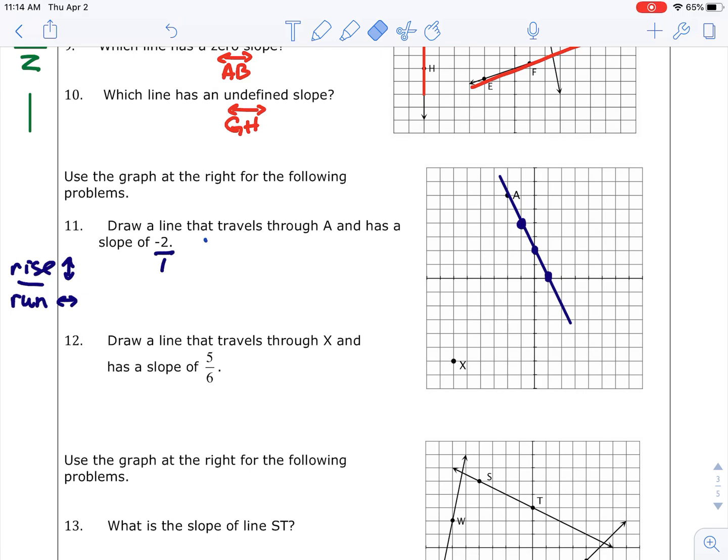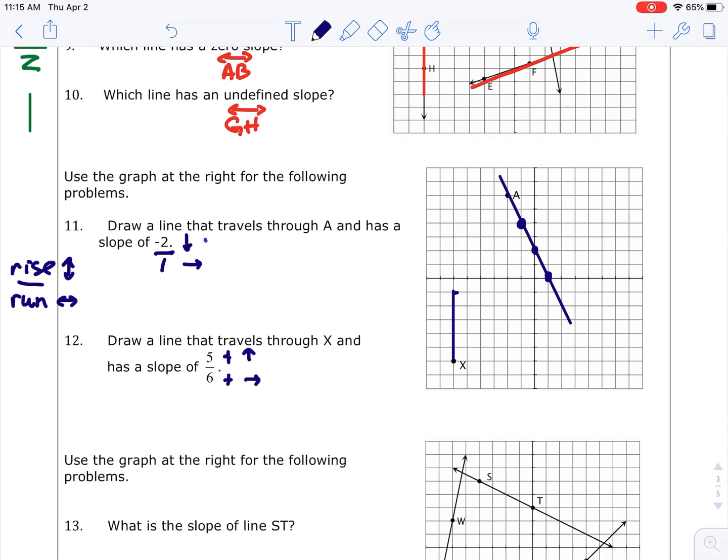All right, when I go to do 12, just notice that the slope has a positive rise of 5 and a positive run of 6. So that means I'm going up and I'm going to the right. Whereas in number 11, I was going down and to the right. So I am going to go up a value of 5: 1, 2, 3, 4, 5.